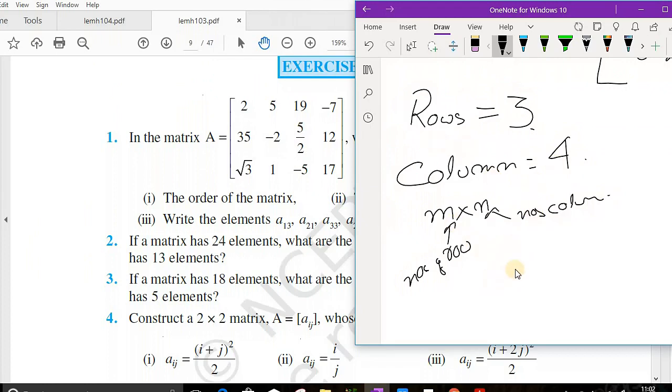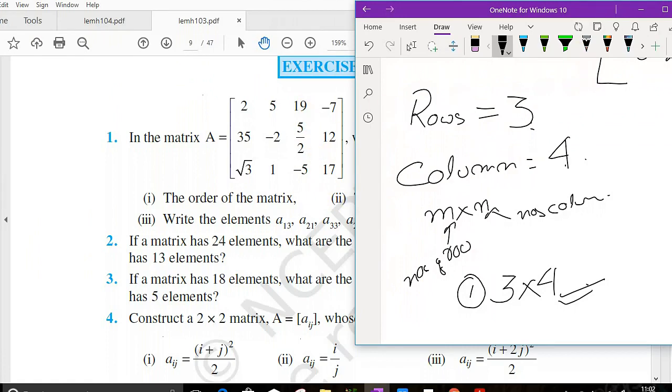There are 3 rows and 4 columns. So what will be the order? 3 by 4. We don't say 3 into 4, we say 3 by 4. Okay? So that is that.